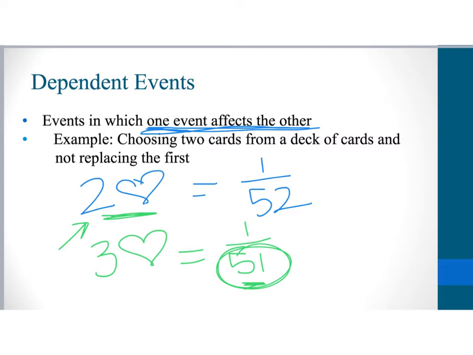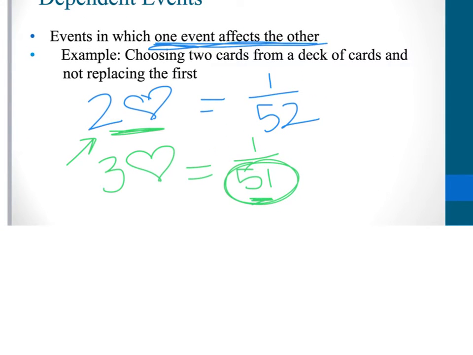And sometimes our numerator can be affected as well. We could look at this and say there are 13 cards of each suit in a deck. So if I want to know my probability of selecting a heart, the first time when I do the 2 of hearts, I'm just looking at hearts in general.